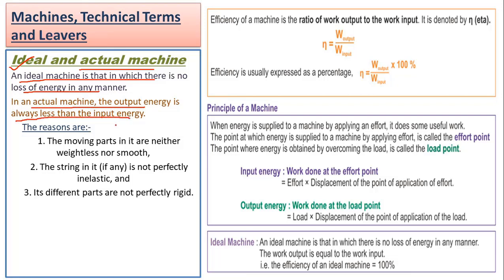Hence, when we calculate the efficiency, we observe that the ideal machine always gives an efficiency of 100%. But for an actual machine, it is always less than 100% because there is some loss of energy due to various reasons.